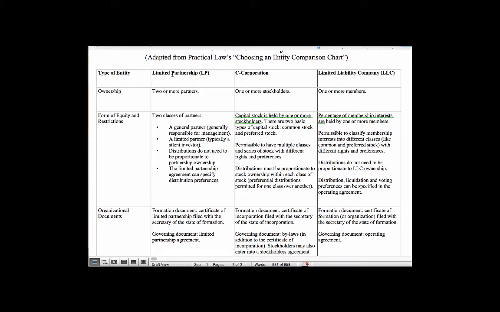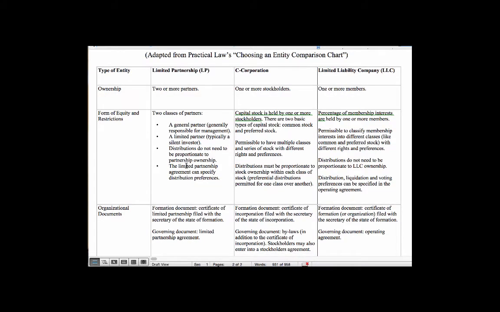In a limited partnership, however, we have two categories of partner, a general partner and a limited partner, and typically the limited partner is passive, while the general partner is responsible for the management of the entity. We learned we have to be careful that limited partners not participate in the active management of the enterprise, because by doing so they would be giving up their limited liability position as a limited partner.